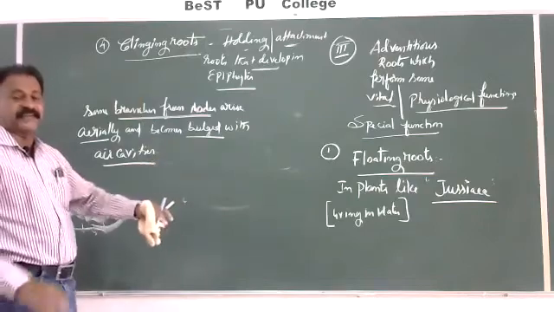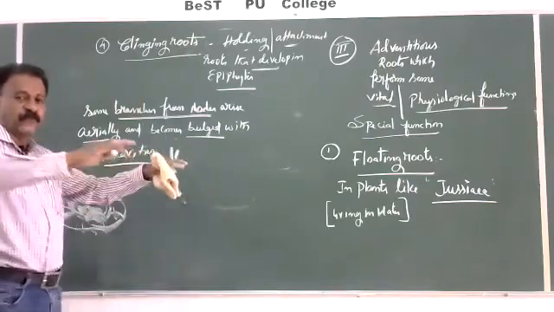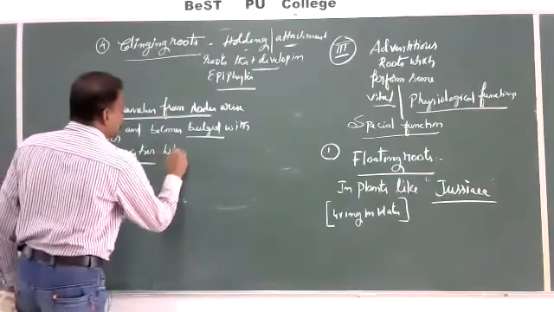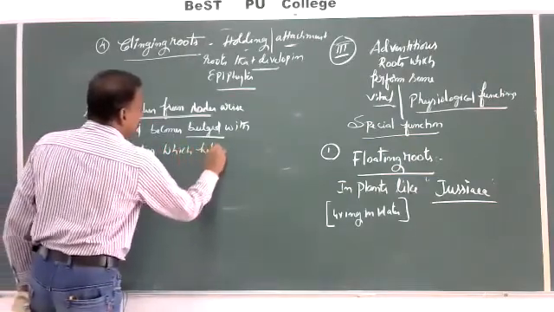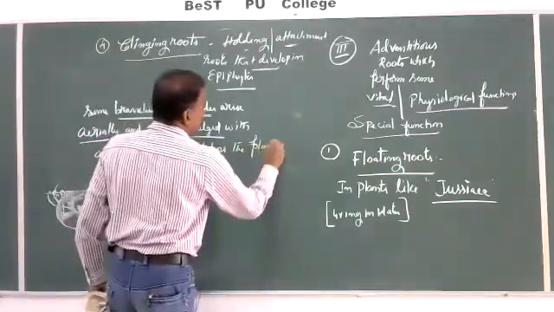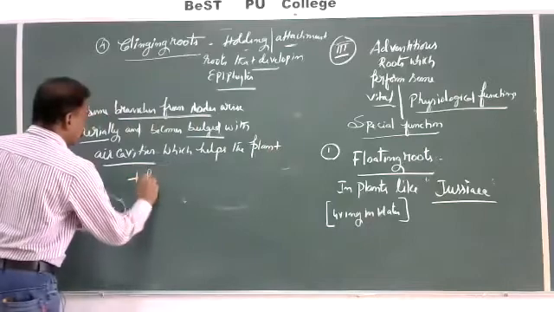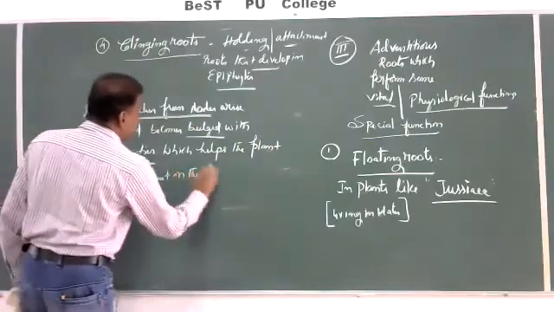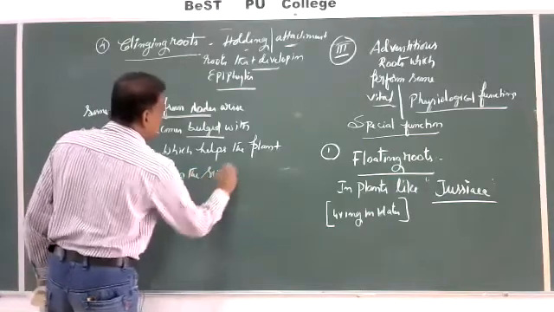With these air cavities, they are able to make the plant float on the surface of the water, which helps the plant to float on the surface of the water.